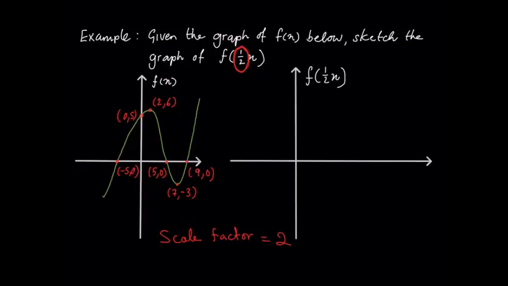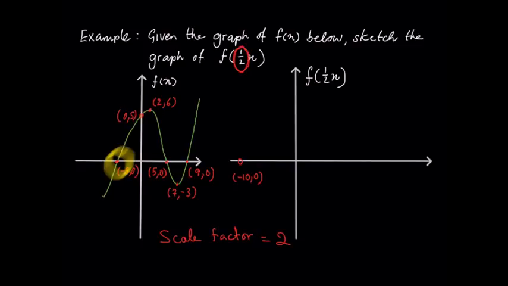So let's have a look at the graph on the left-hand side and see what we need to do. We've got a number of points here, and we'll begin with the first of the 3 roots on the left-hand side here. It's at -5, 0. So under the transformation, it's going to be located here at -10, 0.